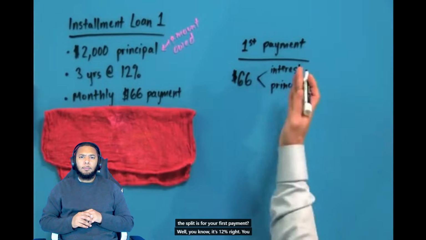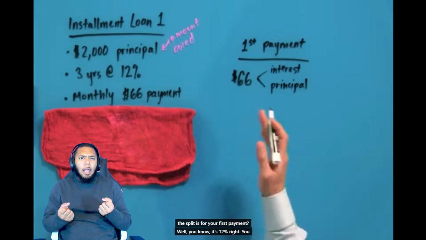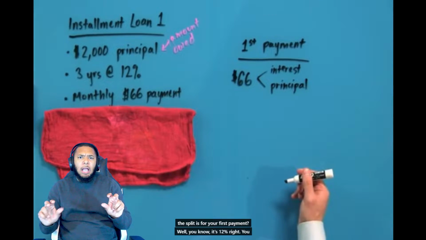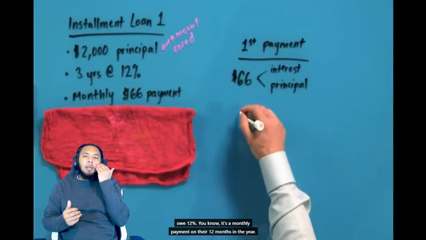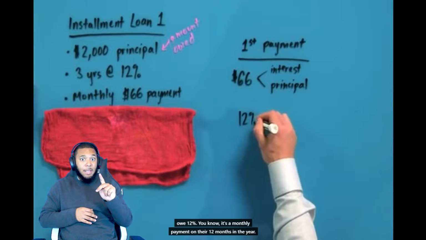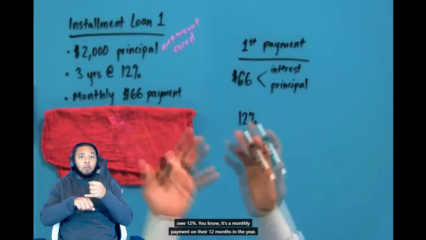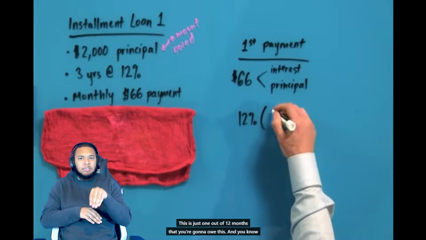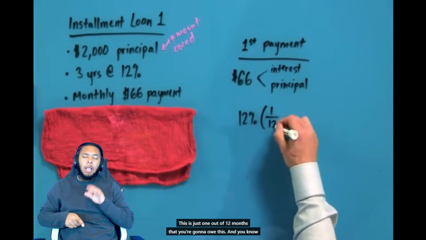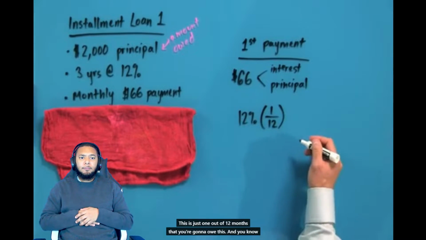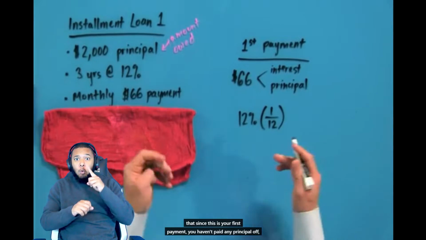How do you figure out what the split is for your first payment? Well, you know it's 12%. You know it's a monthly payment, and there are 12 months in the year. So this is just 1 out of 12 months that you're going to owe this. And since this is your first payment, you haven't paid any principal off, so you're going to owe the full $2,000 of 12% interest for that 1 month.